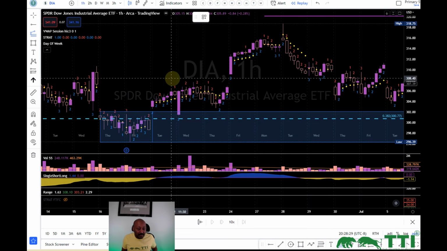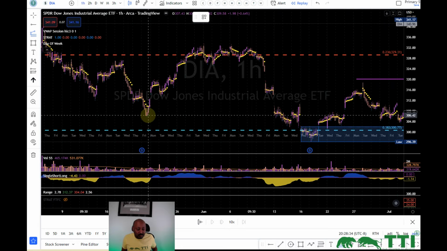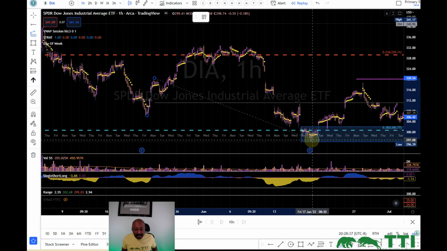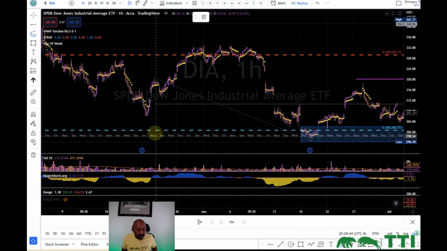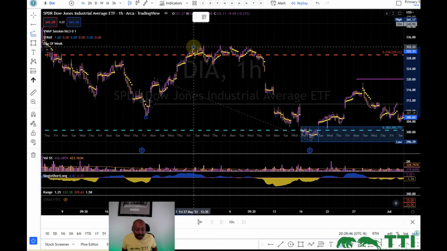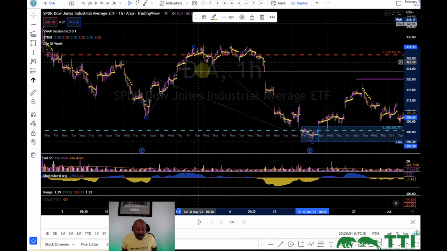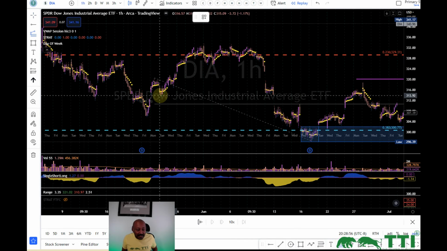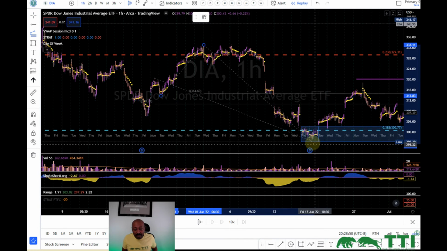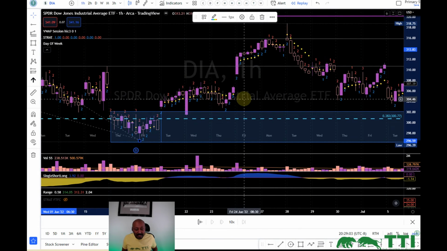When your prior moves have said, I'm only going to move this much from this entry, here's an exit anyway. So if you didn't take this exit, if you were hoping for this big move, look how beautiful this is.